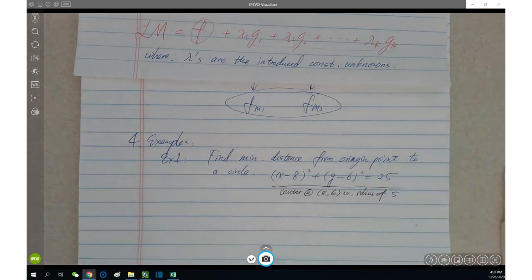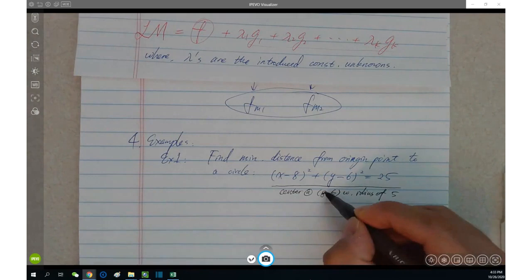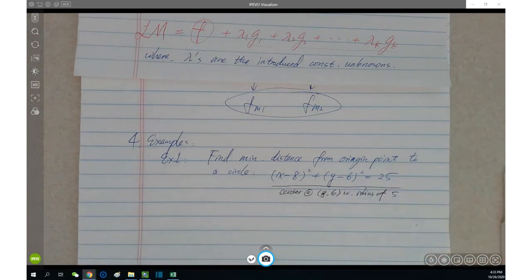What does it look like? If you try to visualize this circle, here we go. It's centered at 8, 6 coordinates with a radius of 5. Right? Many points along the circle, and we're looking for a point.